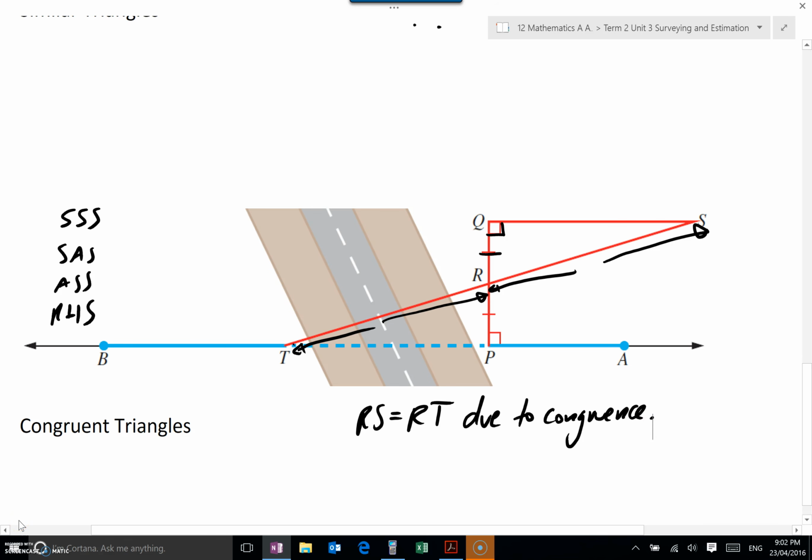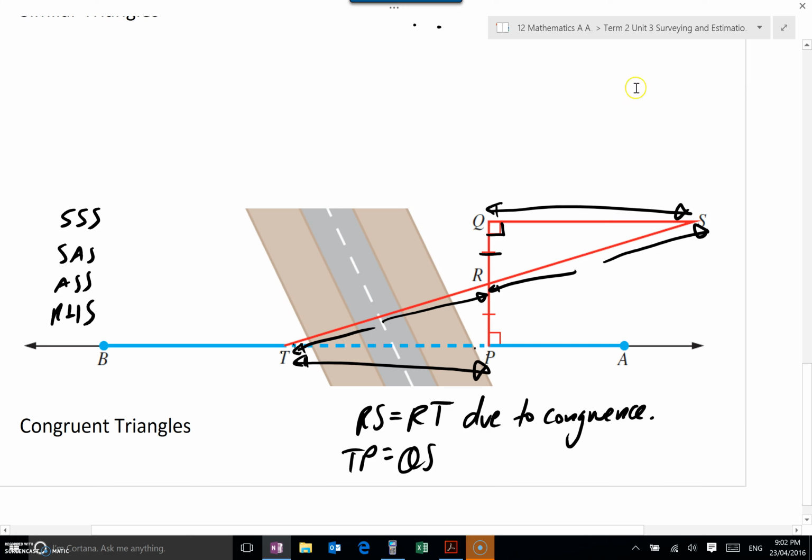So essentially we have to find any unknown side that I'm trying to find just by using the other side on that triangle. So for example, TP and QS are the same. I should have explained earlier, if we put 2 vertices, so 2 of the points together like TP, it refers to the distance along there.